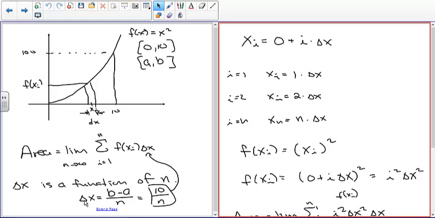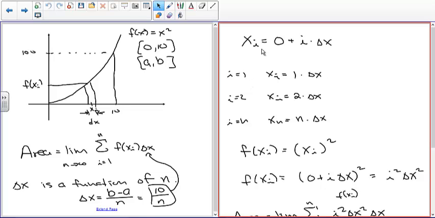So for delta x in my example, we took the end of the interval, which was x equals 10, and the beginning of the interval, which was x equals 0, and you get a difference of 10, and you break it up into n parts. So if n is 10, delta x is 1. Okay.